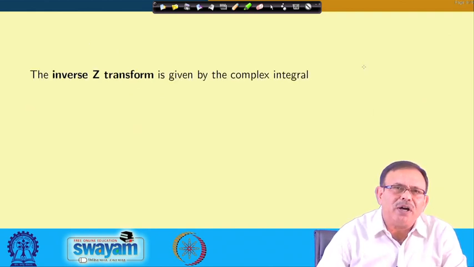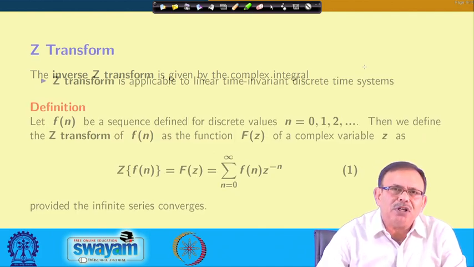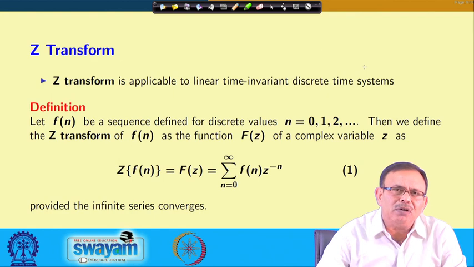Now, the inverse Z transform will come as a complex integral, because f z is defined with z a complex variable.